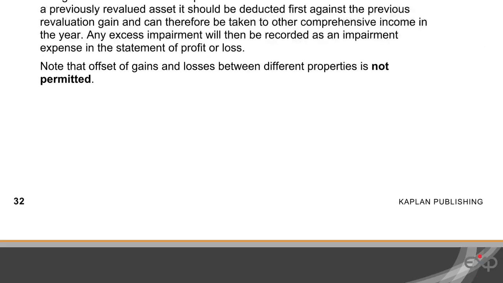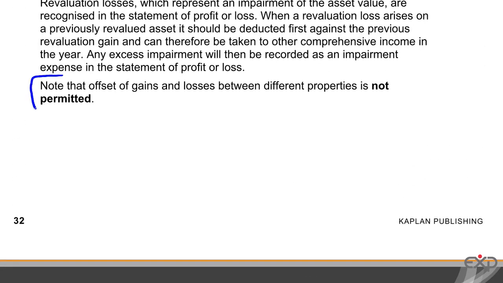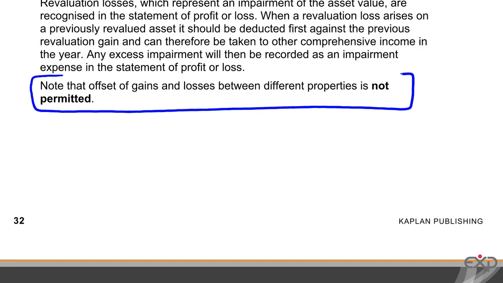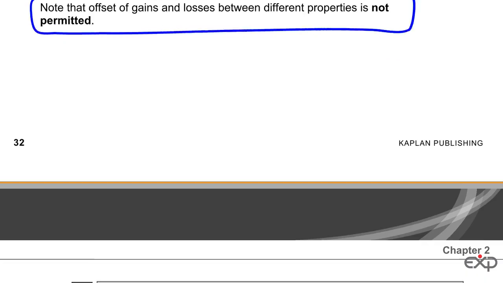Now please note that all non-current assets that are revalued have to be revalued separately, and gains and losses are not netted off against one another. So you may find that in 1 year an asset goes up in value and another asset might go down in value. Treat them separately, think of them having their own revaluation surplus.